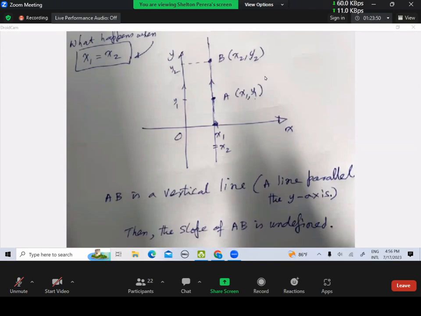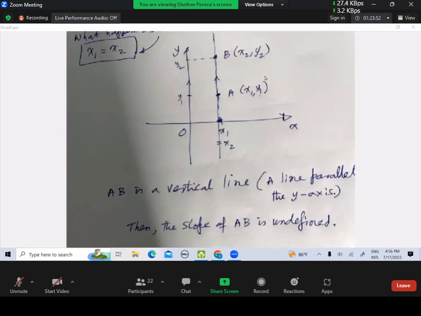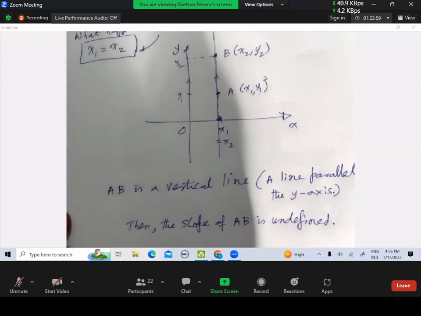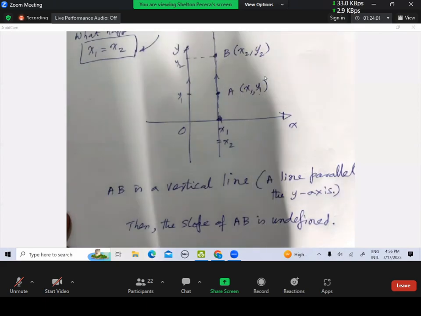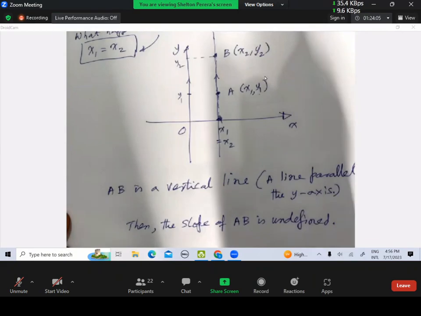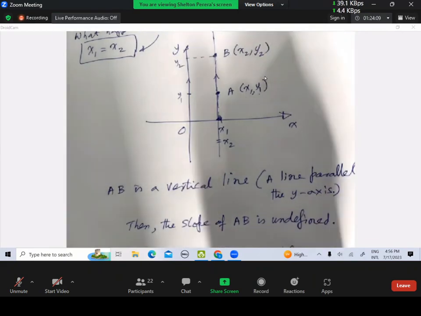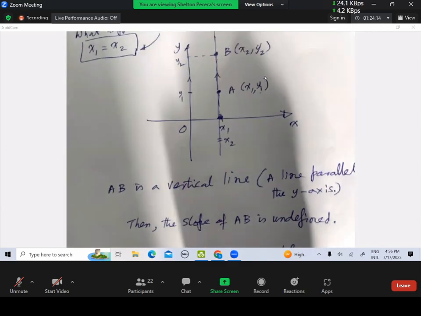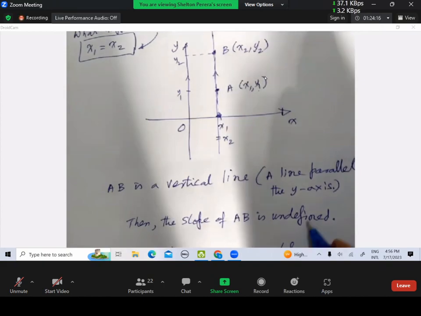The slope of AB is undefined. No meaning. Vertical lines have no slope. Or better to say the slope of AB is undefined.